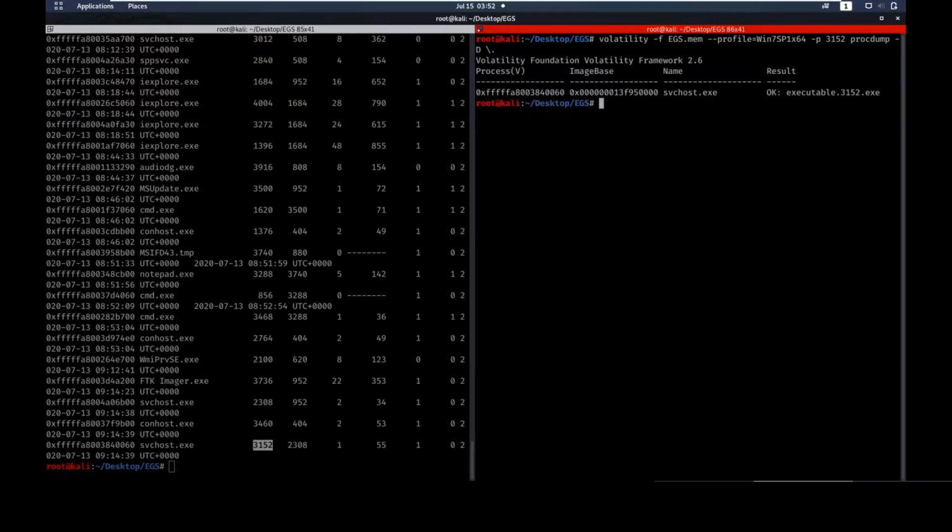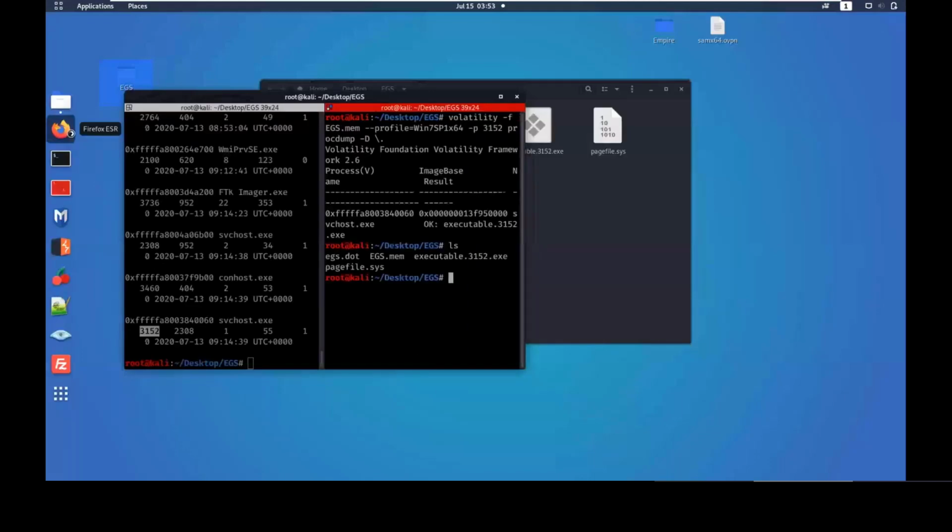So here we go. I just dumped the information, the process here. You can see the process. So let me open my VirusTotal.